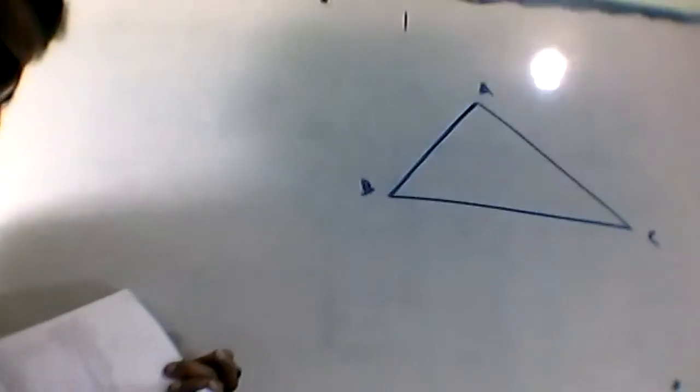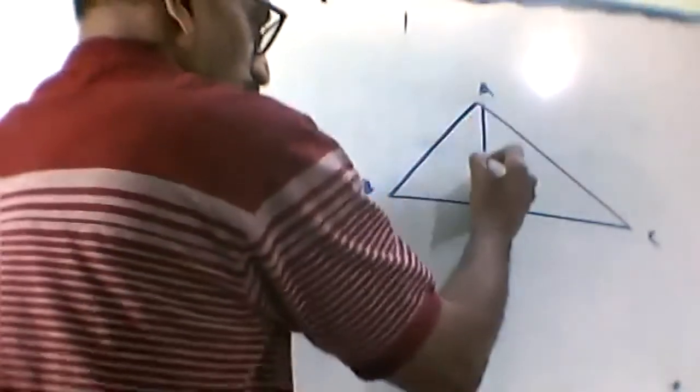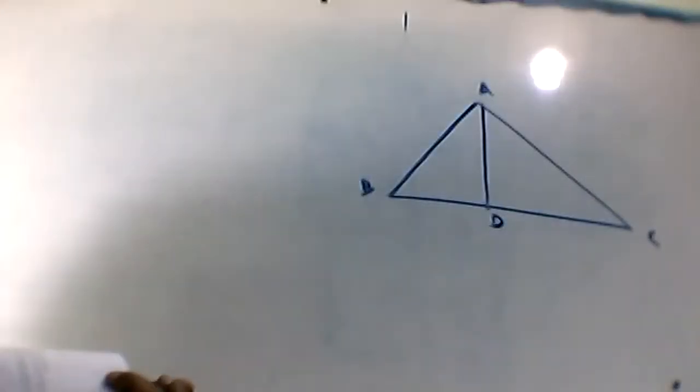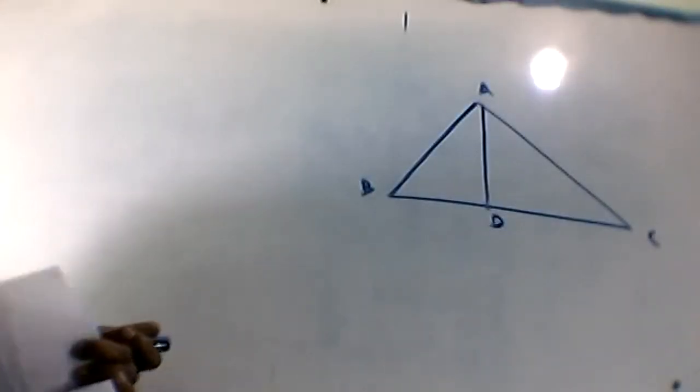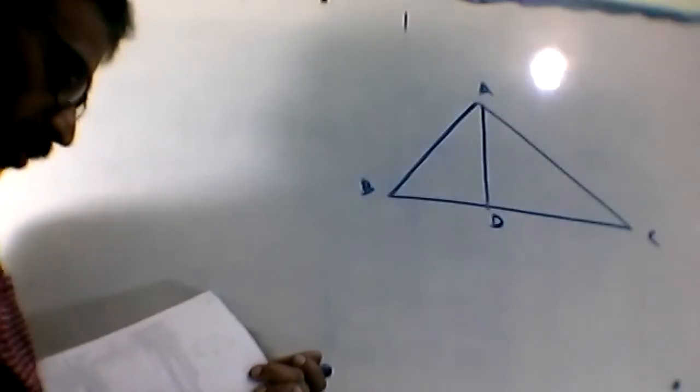Look here. A, B, C. Prove that 3 times the square of any side of an equilateral triangle is 4 times the square of the altitude.